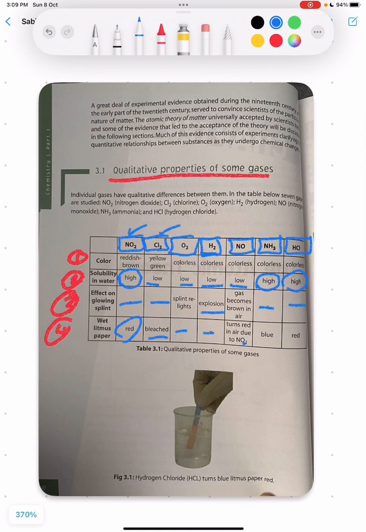For nitrogen monoxide, NO, it turns red in air due to the presence of NO2. So NO changes into NO2, then it changes the litmus paper into red. Okay, and for ammonia, it's blue. For hydrochloric acid, it's red. This was it for this table.